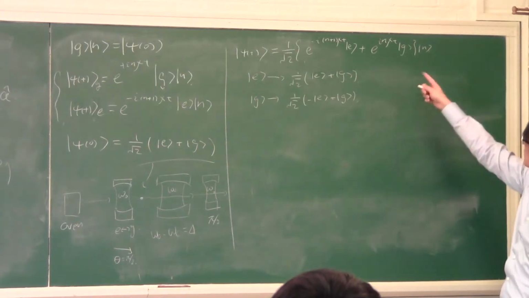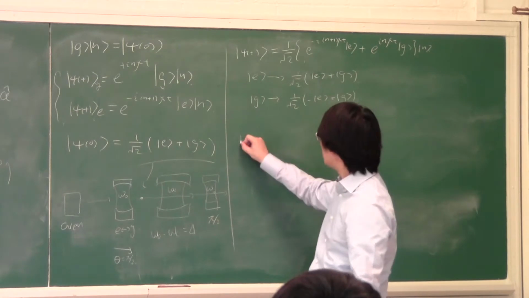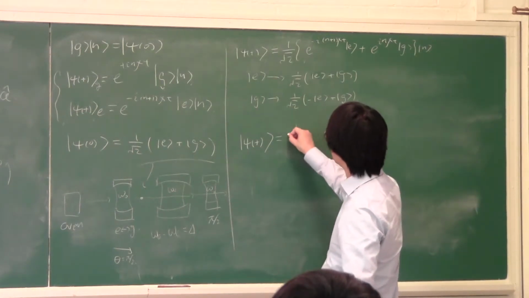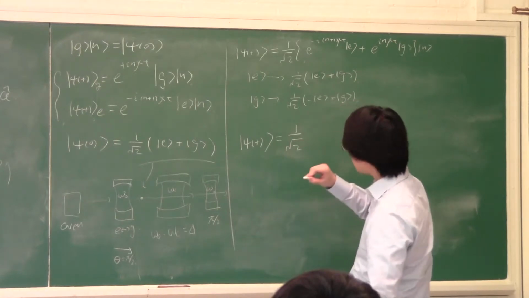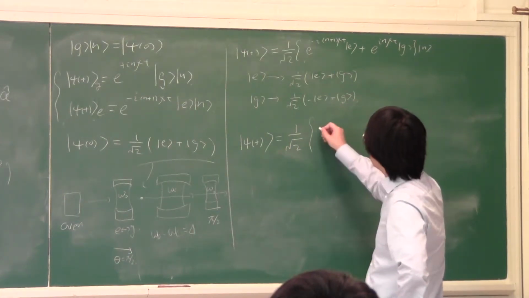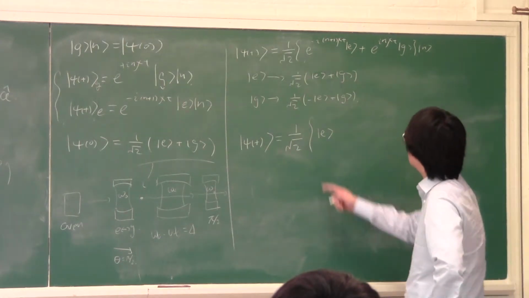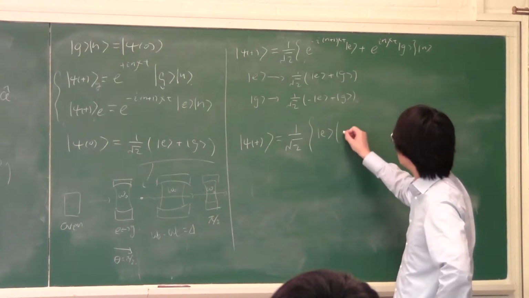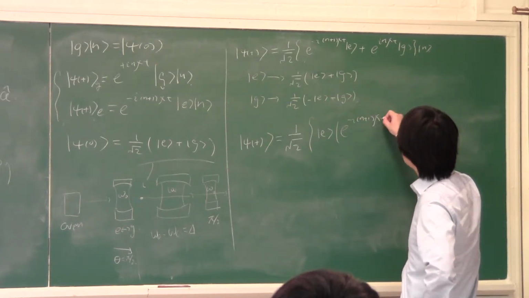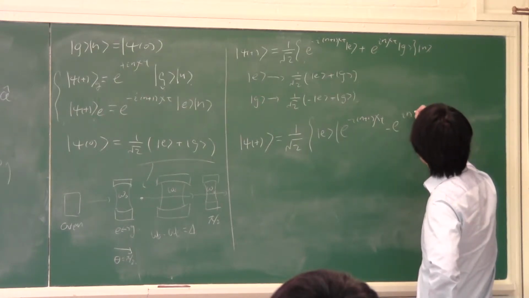So if I were to push some terms around, you can see that after leaving the third cavity, 1 over square root of 2, I have the excited state is going to be this minus this, right? e to the minus i (m plus 1) pi t, minus e to the i m pi t.